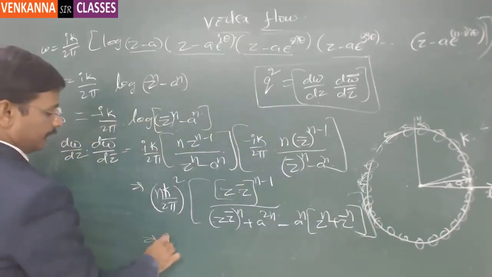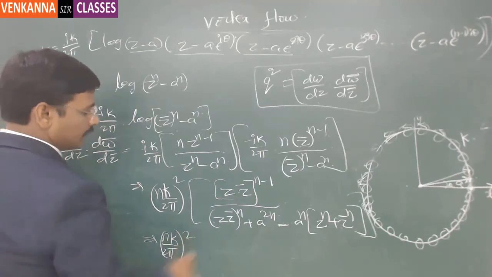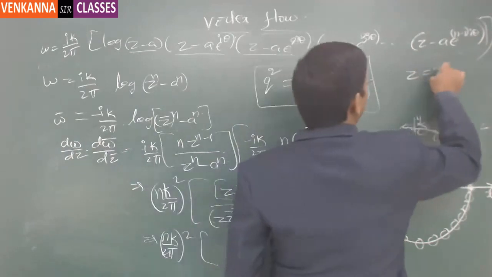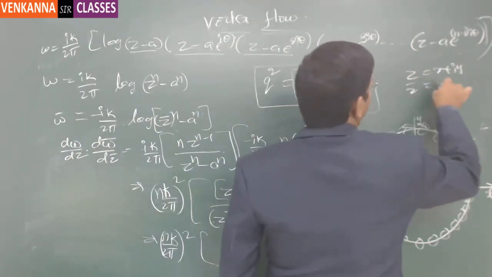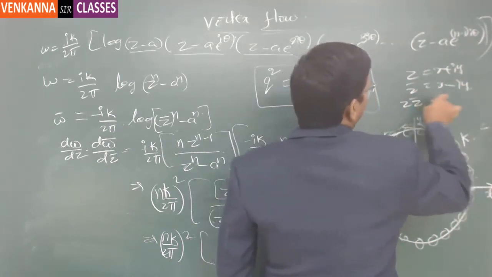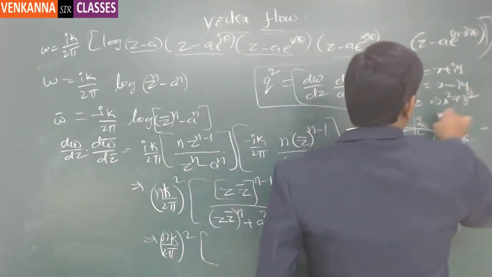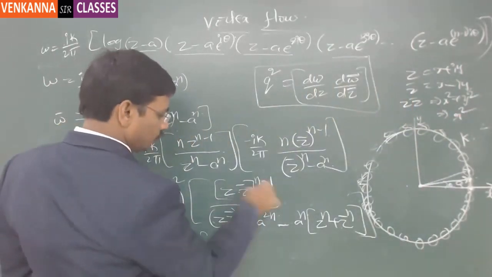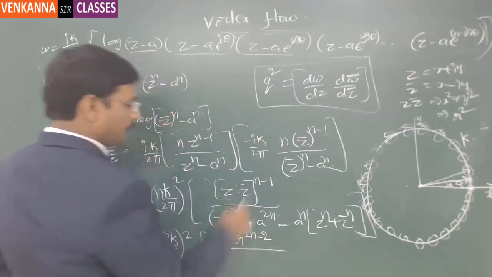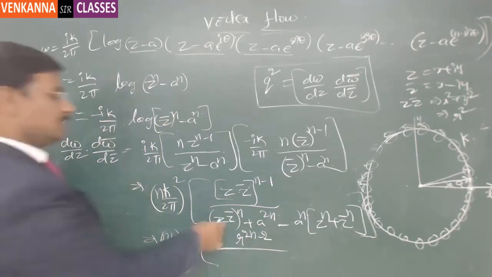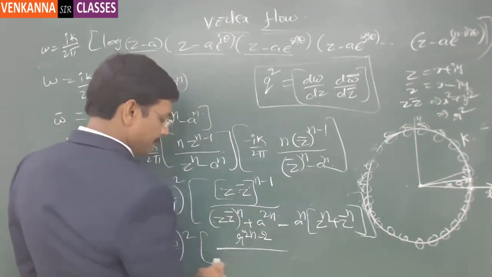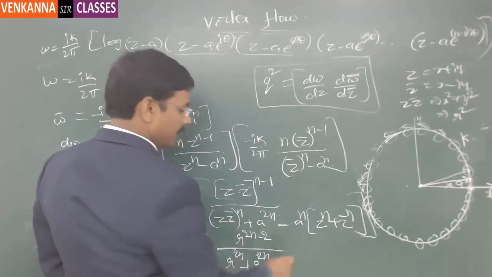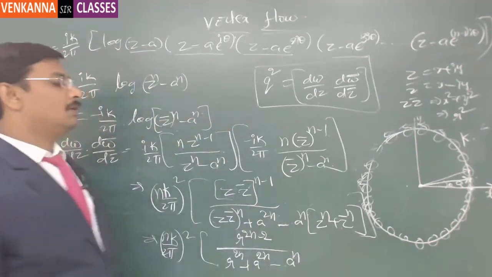So this will be (nk by 2π) whole square times, z is equal to x plus iy and z bar equal to x minus iy, so the product of z and z bar will be x square plus y square, which we usually write as r square. So this is r power 2n minus 2, because (r square) whole power n minus 1, divided by r power 2n plus a power 2n minus a power n into (z power n plus z power minus n).